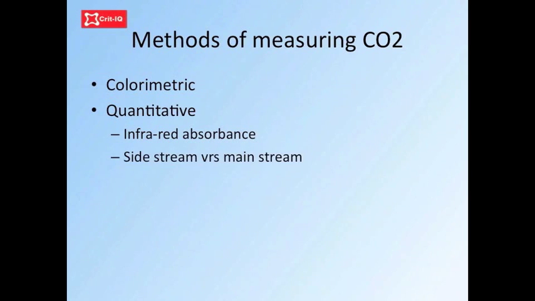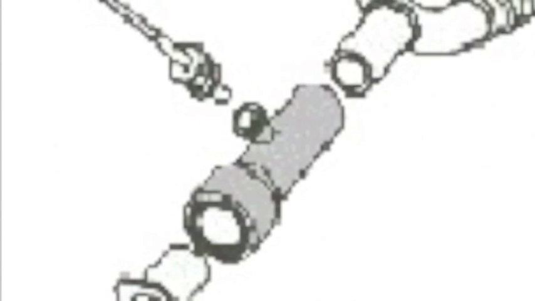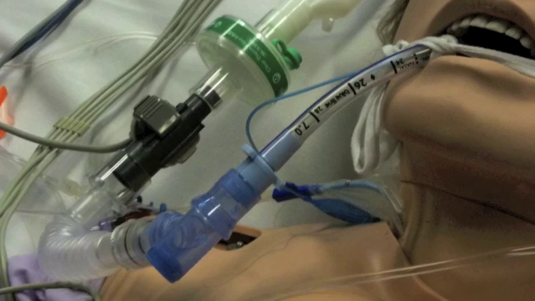Two main configurations for gas sampling are available: inline monitoring and side stream monitoring. In the former, the expired gas all flows through the detector, while in the latter, small amounts of the expired air, usually around 100 mL per minute, is diverted through the detector.